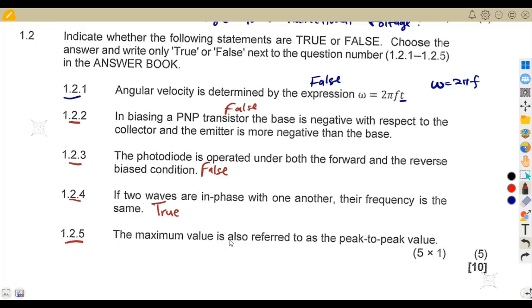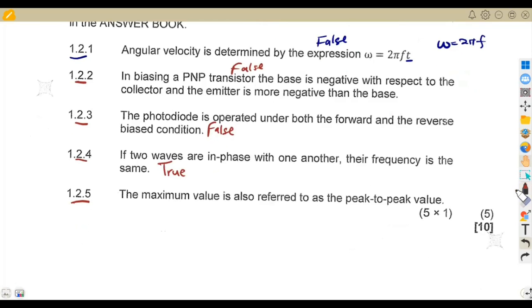1.25, we are given that the maximum value is also referred to as the peak-to-peak value. This is false. The maximum value is just the maximum value. It can be referred to as the peak value, not the peak-to-peak value.